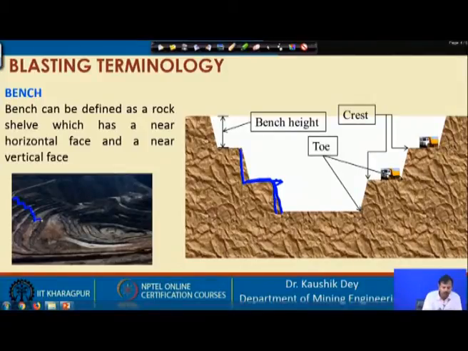These different benches are formed to carry out the excavation of the rocks. So, mining, or rock excavation, is nothing but the formation of benches and excavation of the rock from those benches. Basically, a bench is the rock shelf in which we carry out our excavation.